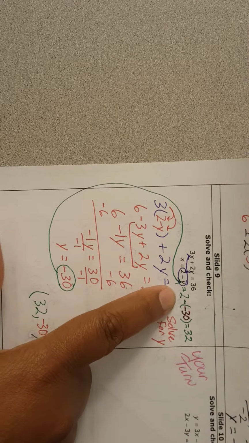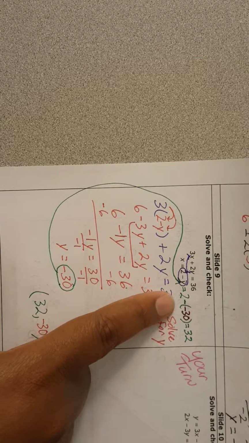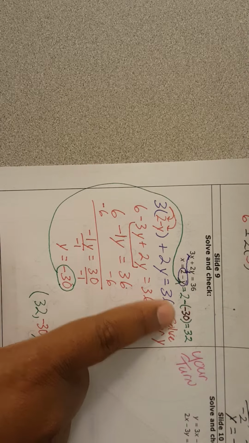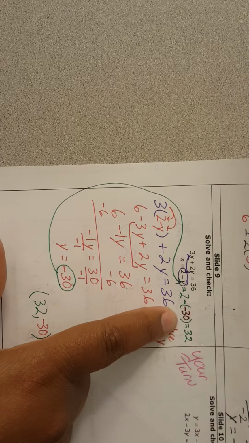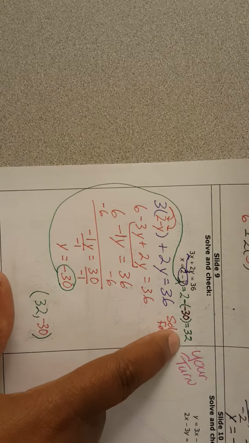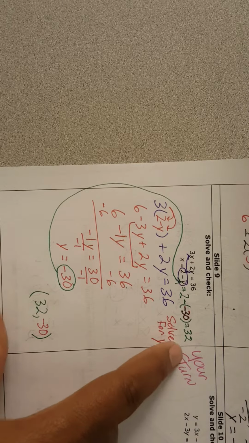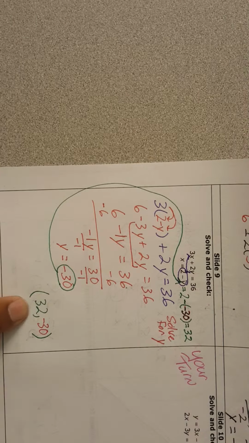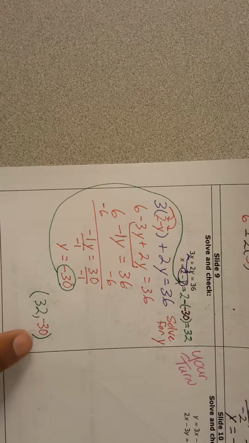When I replace, I get 2 minus a -30, double negative, that means we add 2 plus 30 to get 32. Now watch how you write your final answer. The 32 is your x value and the -30 is your y value.